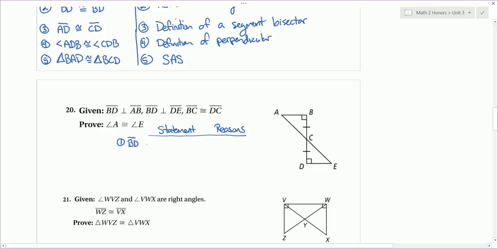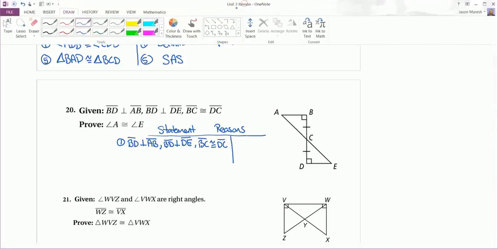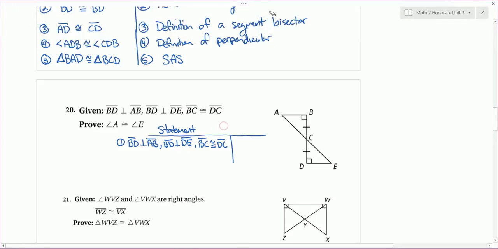So BD perpendicular to AB, BD perpendicular to DE, BC congruent to DC. And the reason is it's given.